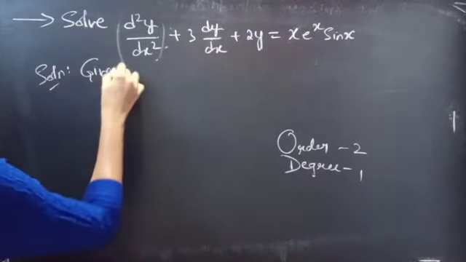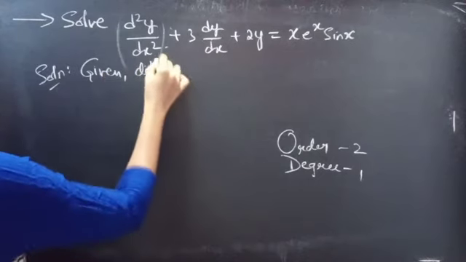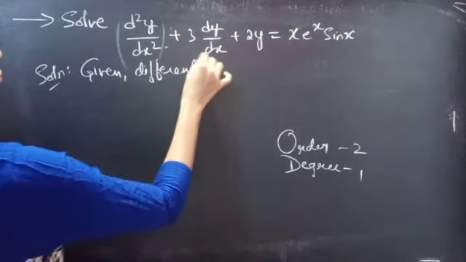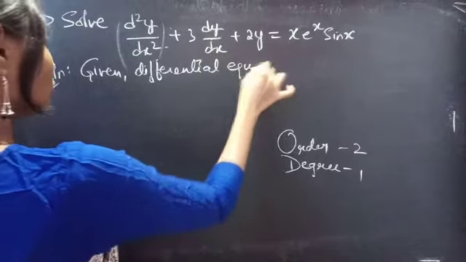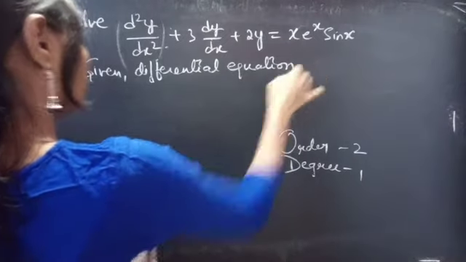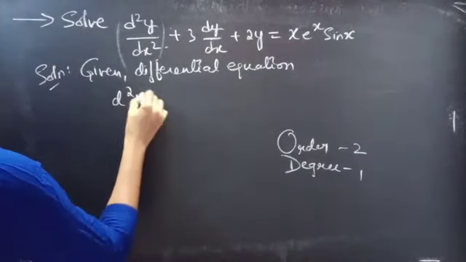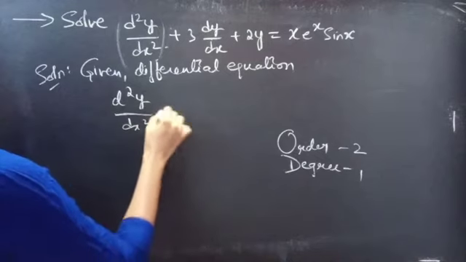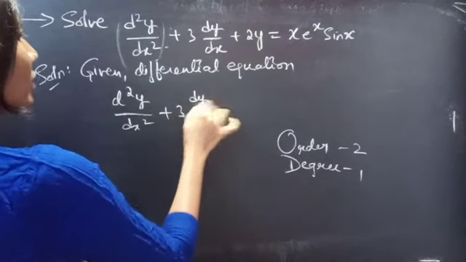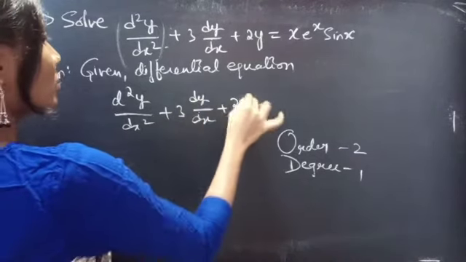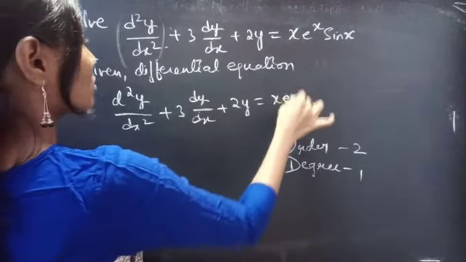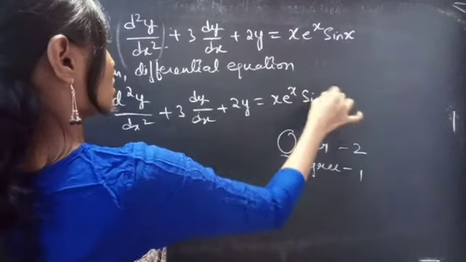Given differential equation: d²y/dx² + 3 dy/dx + 2y = x e^x sin x.